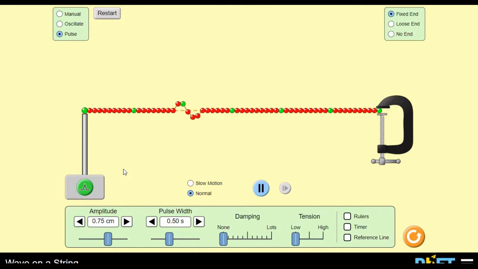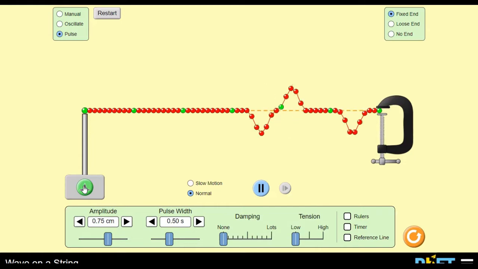When they meet, they result in a new wave that has higher amplitude. You see again. What if I add more waves here, or pulses? Let's wait until this pulse passes. Okay, I add more. You see?